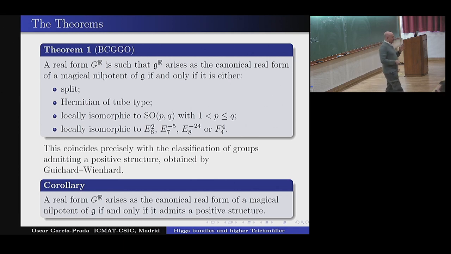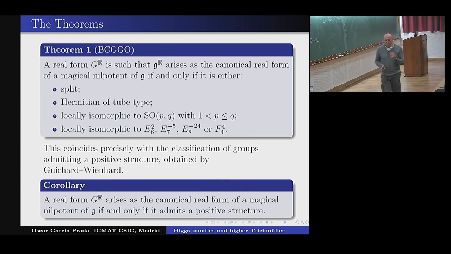Now, as we were saying, the positive structure depends on a parabolic subgroup, and the magical property depends on a nilpotent element. So it's clear that the nilpotent is related to the parabolic subgroup in a precise way.